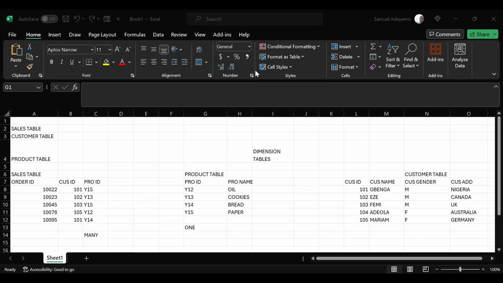So you are saying we have the order table and the sales table. Yes, exactly. So what keys are you now connecting to each other? The key that you're connecting to each other is actually the order ID, the order ID from sales and the order table.